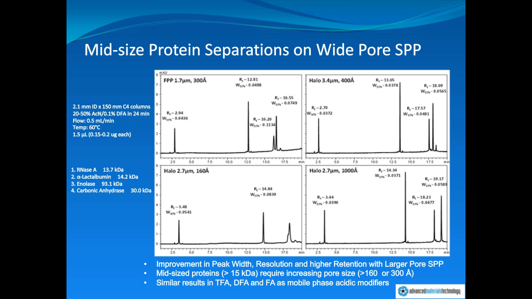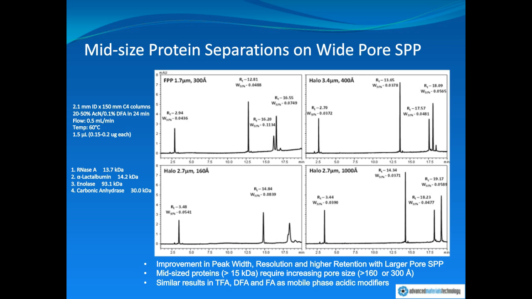If we look across these different materials, we can see the 160 angstrom material works just fine for smaller things like ribonuclease, a little bit less efficiency compared to a 300 angstrom pore size material or above, that is the 400 or 1,000, whether it's fully porous or not.